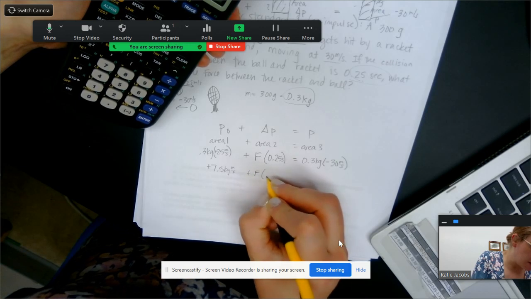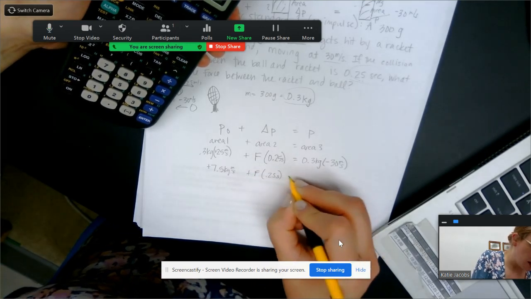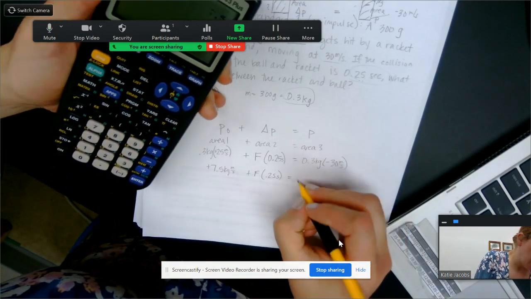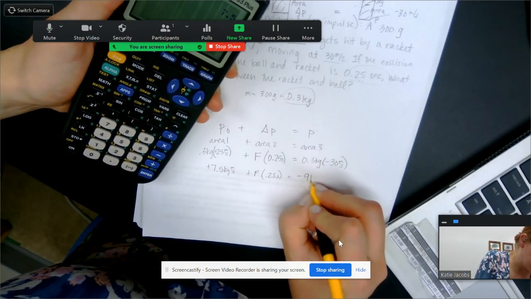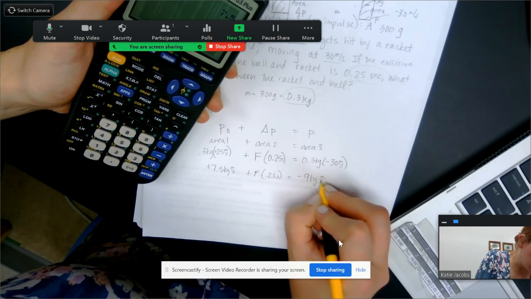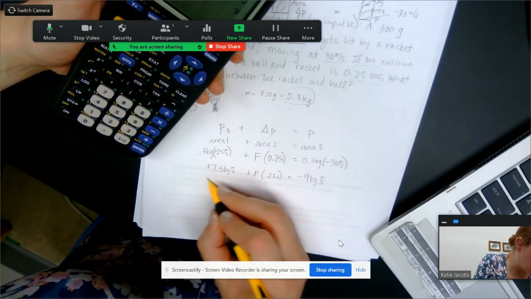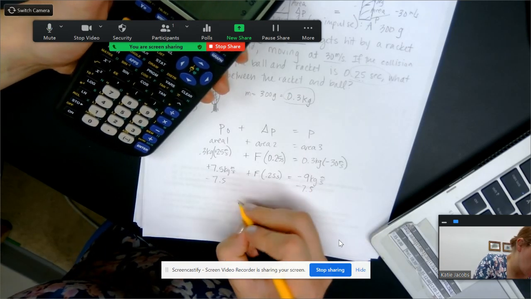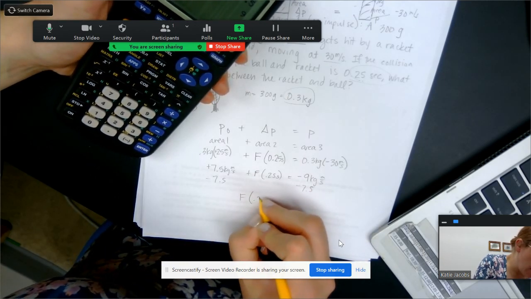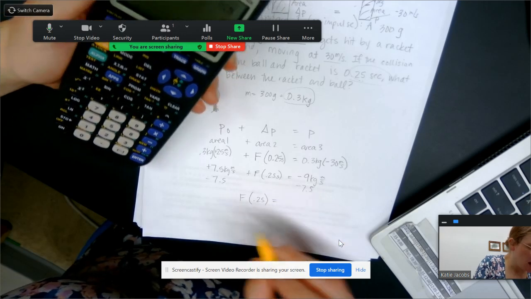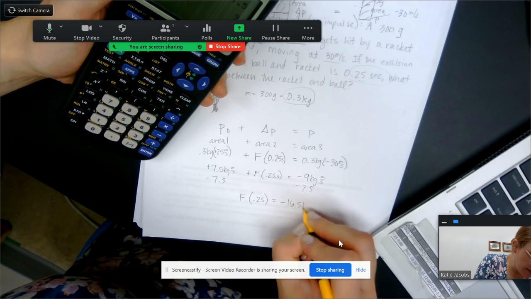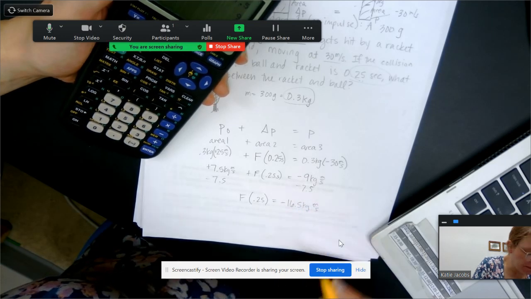Plus F times 0.25 equals 0.3 times negative 30, which is negative 9 kilogram meters per second. So here I'm going to subtract 7.5 from both sides. I get F times 0.25 equals negative 16.5 kilogram meters per second.